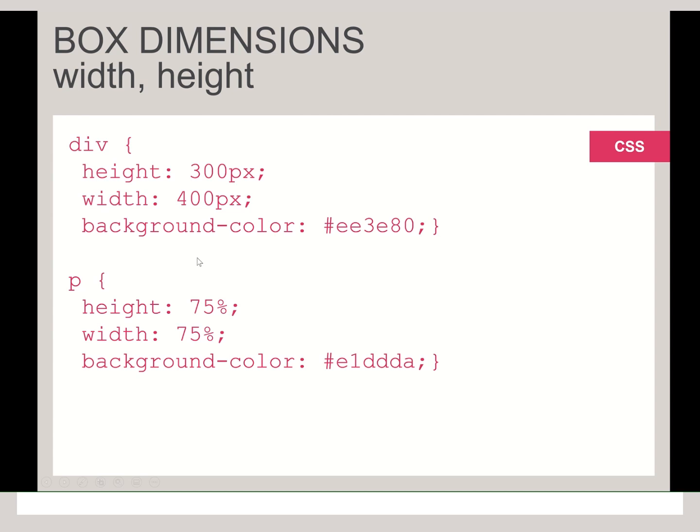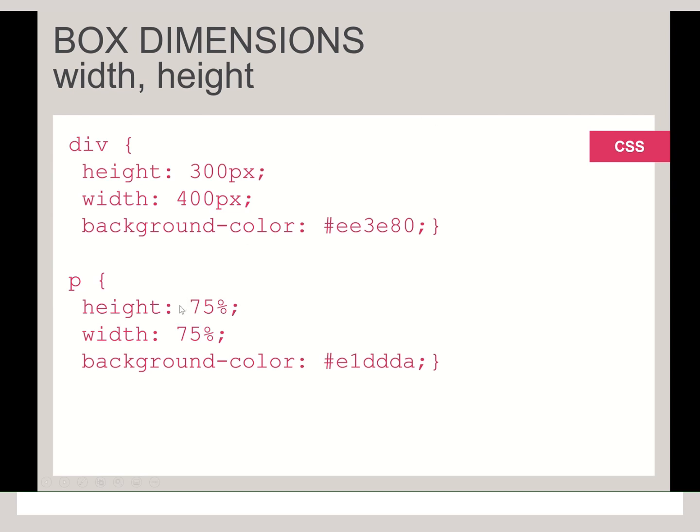This means we have three methods to define the height and width. The first one is 300 pixels, 400 pixels. This is just using pixels, the absolute size based on pixels.